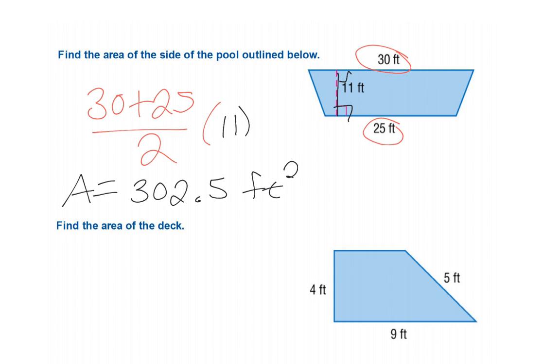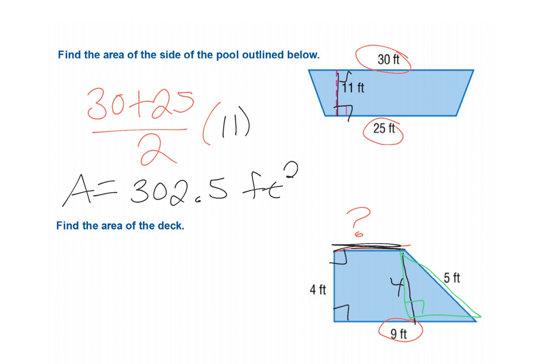Looking down here at this one, I see a base of 9. And here's my other base, but I don't have a length. I have a height of 4, because that is what makes the right angles with both bases. In order to find the length of the other base, I look over here at the side and I see a right triangle.